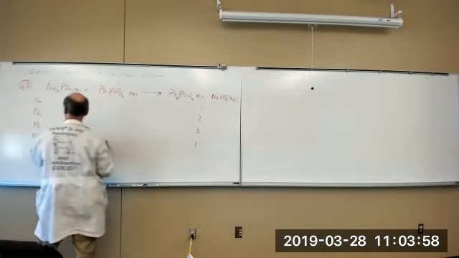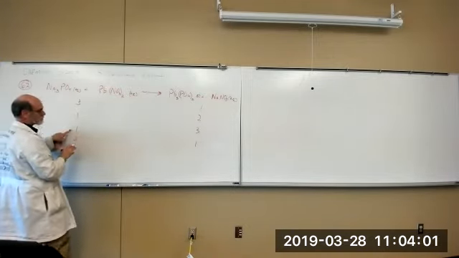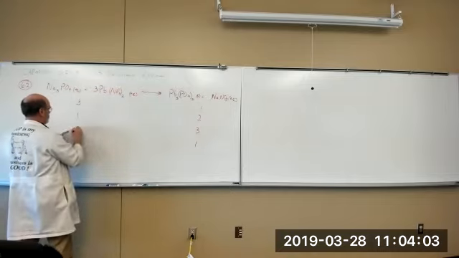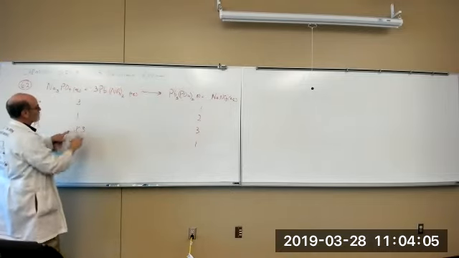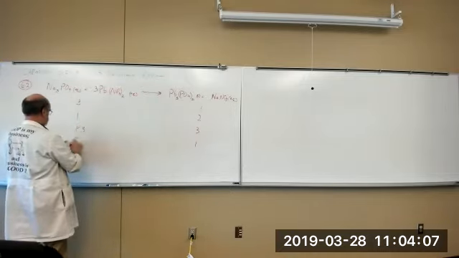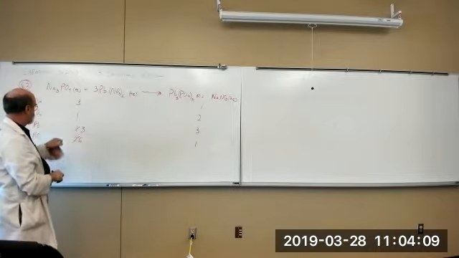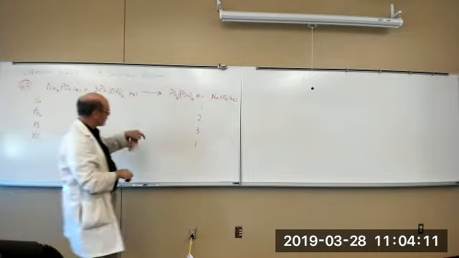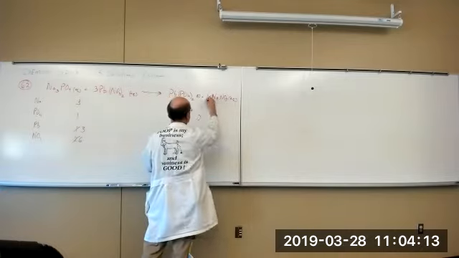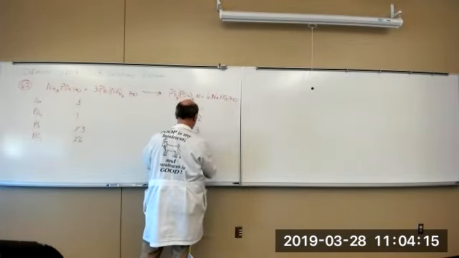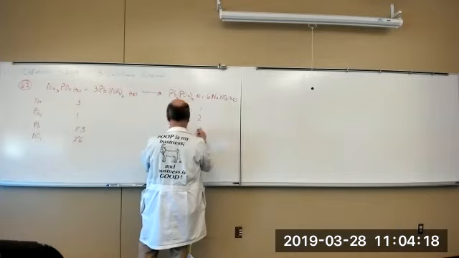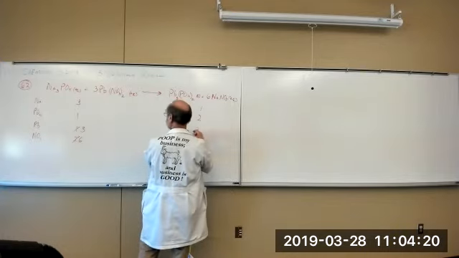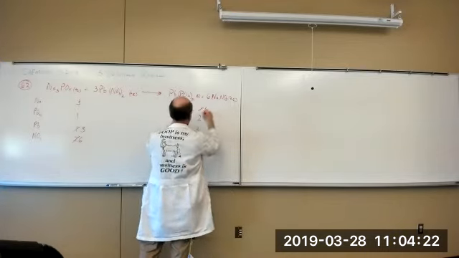Let's do lead. So if I put 3 here, that makes 3 lead and 6 nitrates. Okay? So if we go over here and make 6 nitrates, then that's 6 nitrates and 6 sodiums.